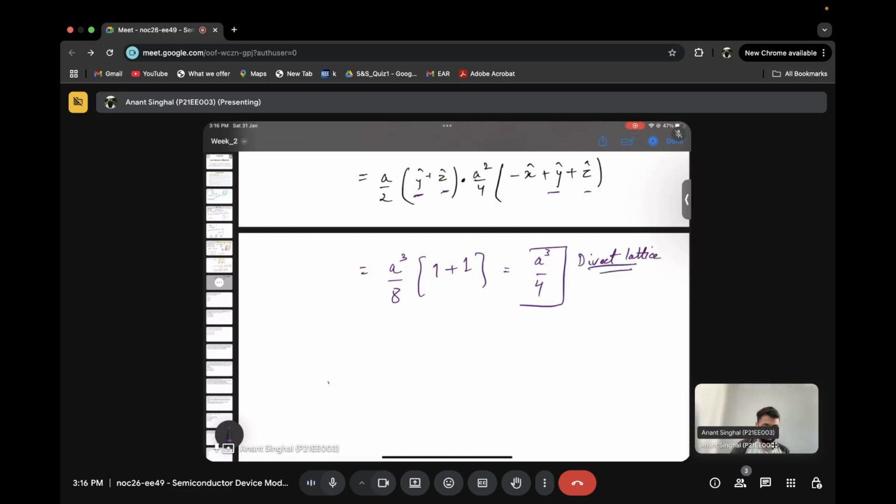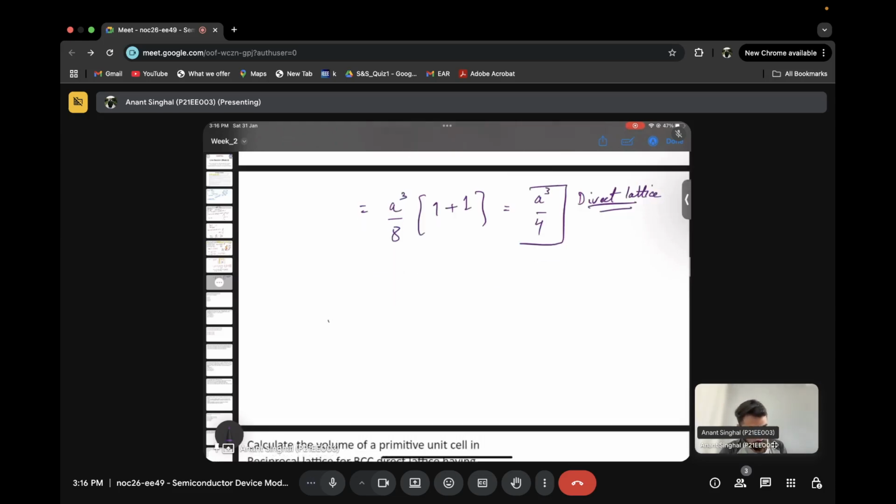Now to convert it into the reciprocal lattice, we know we only do the Fourier transform. So that will be nothing but 2 pi by the volume. Let's try to do that. If I try to do the reciprocal now, we have certain formulas that are already well defined.